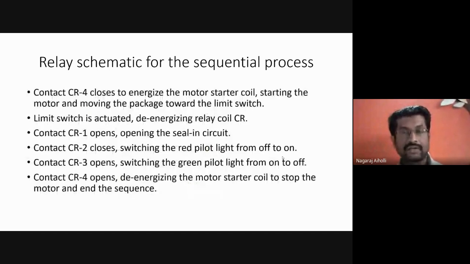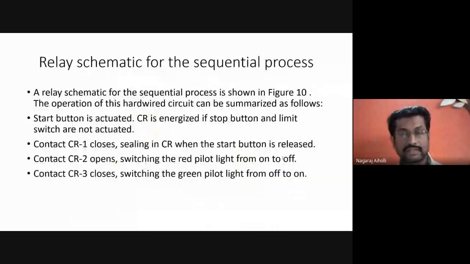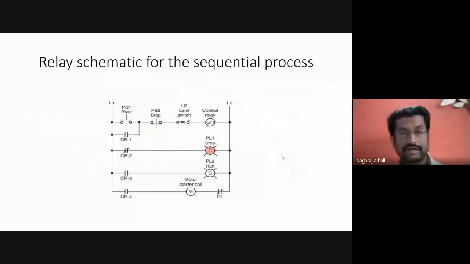First you all have to draw this figure, explain what is a sequential process, and then explain the relay schematic, starting from how it is started, which rung is activated first, which second, which third, which fourth. And when will the motor starter coil be energized, then the reverse operation. When you are pressing the stop button, what will happen? The reverse operation, that is the motor coil getting de-energized and finally the stopping of the motor.